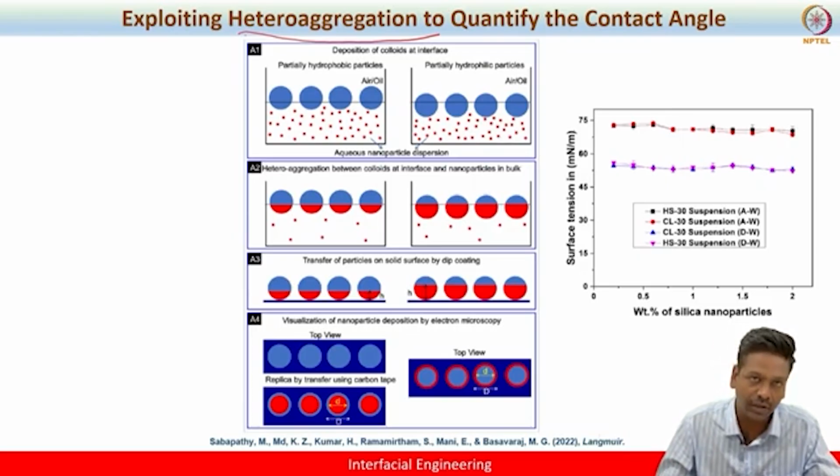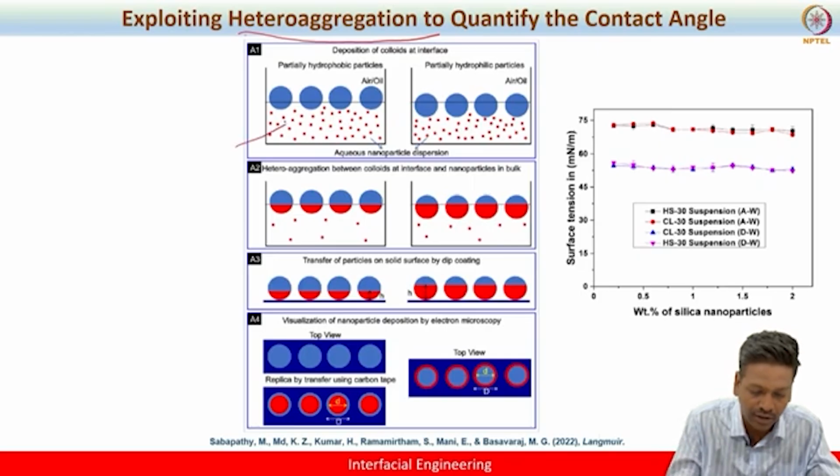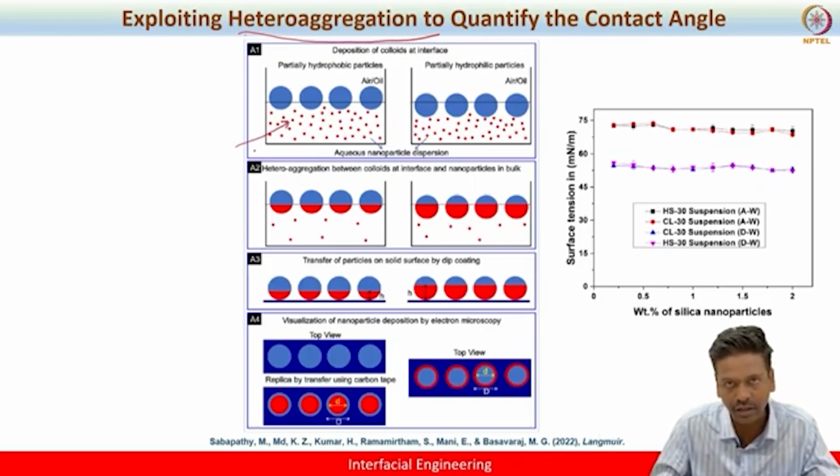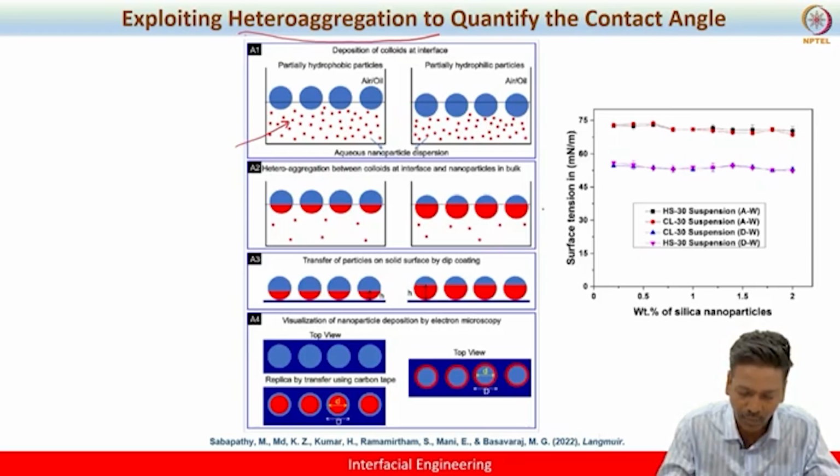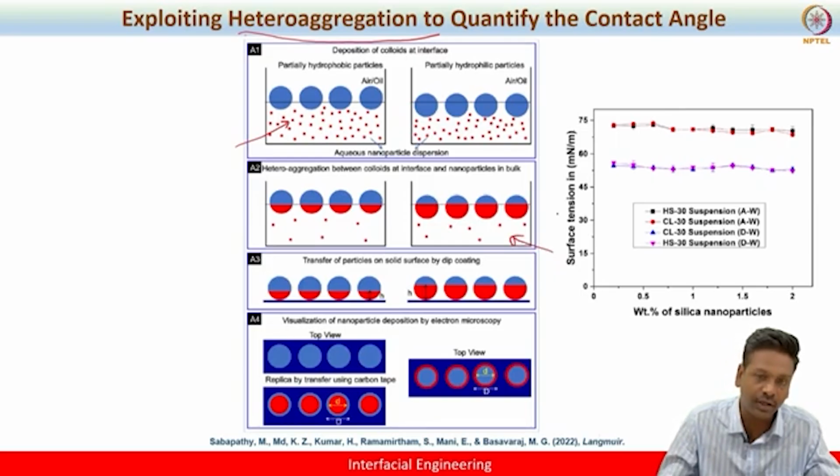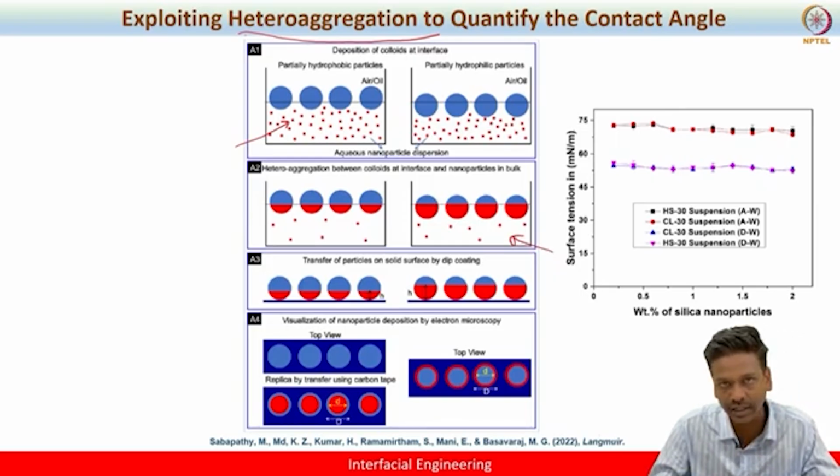So if we want to measure theta for a positively charged particle, one can employ a negatively charged nanoparticle in the subphase. Okay. If you want to measure a negatively charged particle, then one can employ a positively charged nanoparticle in the subphase. So in this way, by exploiting heteroaggregation, we can actually measure theta.